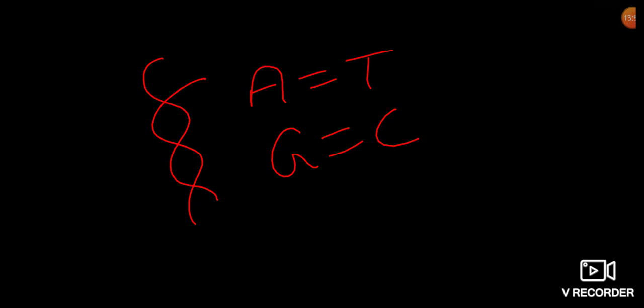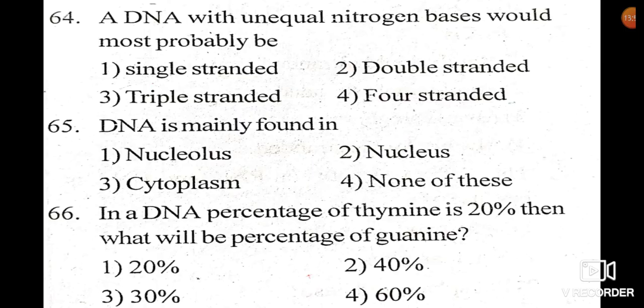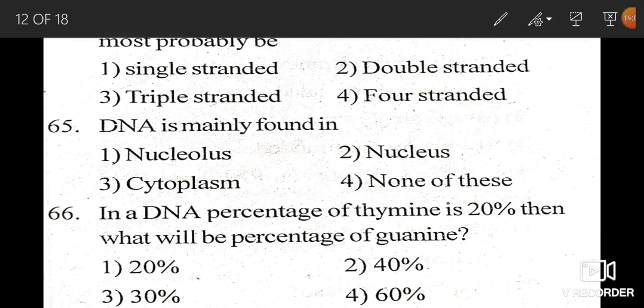In this, the number of adenine equals the number of thymine, and the number of guanine equals the number of cytosine. So there is no unequal nature. If it is unequal, that belongs to single stranded. Only in single stranded are the nitrogen bases unequal.